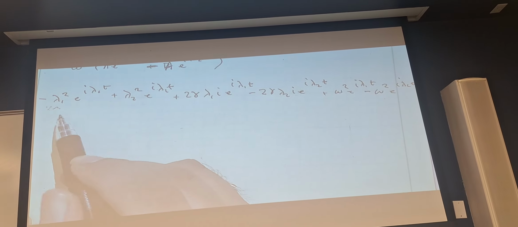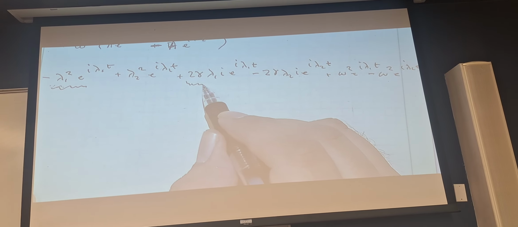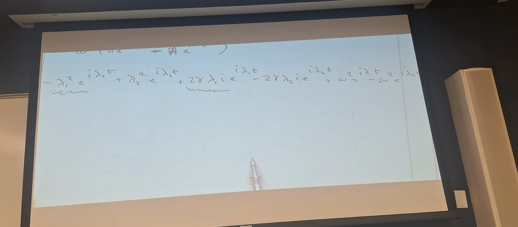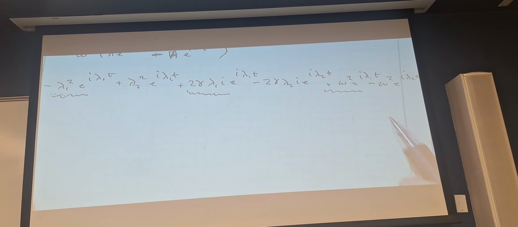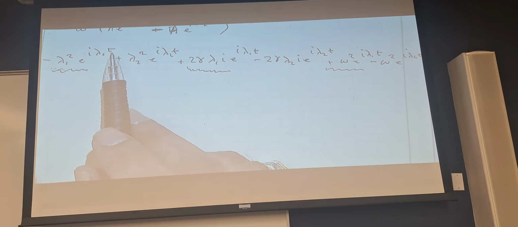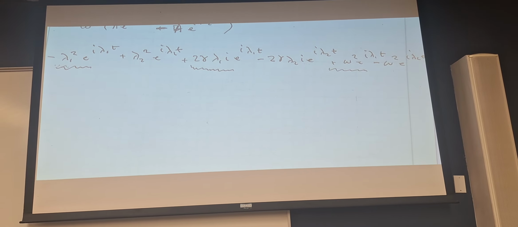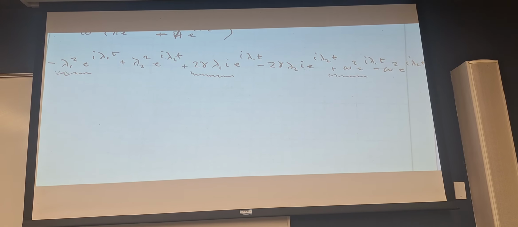Looking at this term and this term, they all have the same e to the i lambda 1 t, right? So what I want to do is group all these terms and then factor out e to the i lambda 1 t.